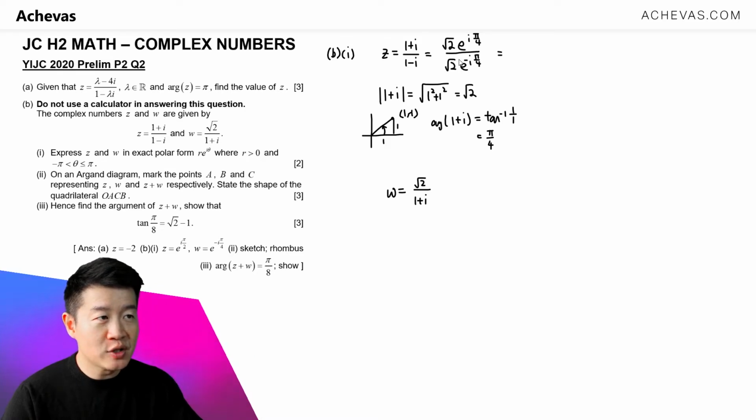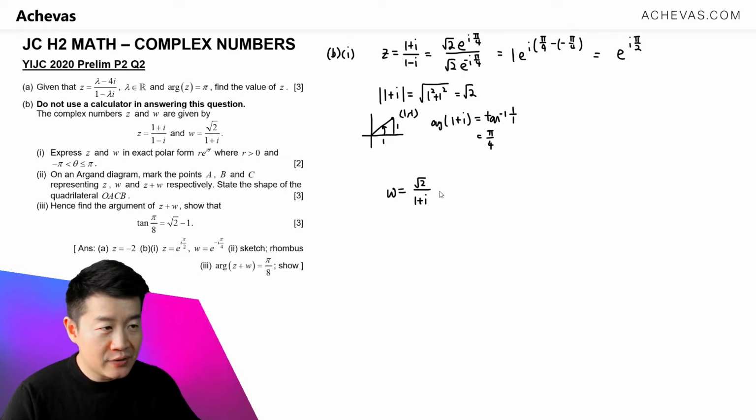So this is going to be square root of 2 divided by square root of 2, which is 1, then e to the power of i of, using indices, pi over 4 minus pi over 4. So z is going to be e to the power of i of pi over 2. As for w, this, we have already found.